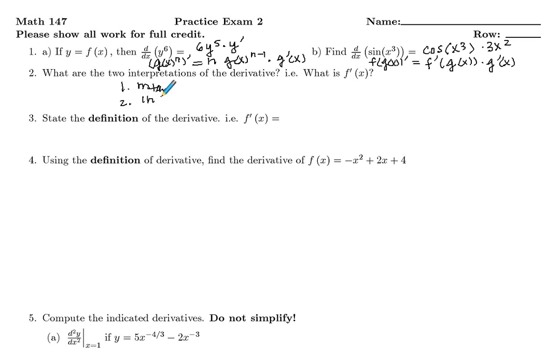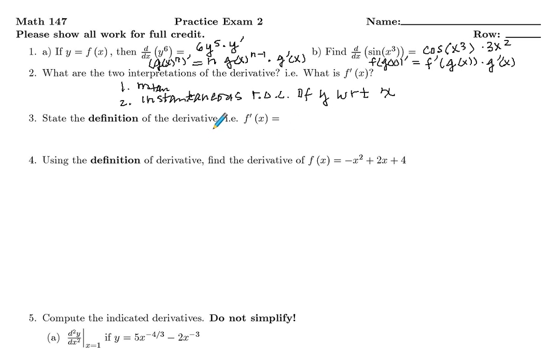So this has to be instantaneous rate of change of y with respect to x. And then instantaneous velocity is one special case of that. So these were the two important ways to interpret the derivative function.